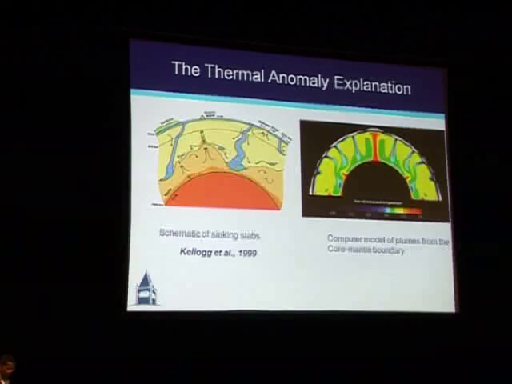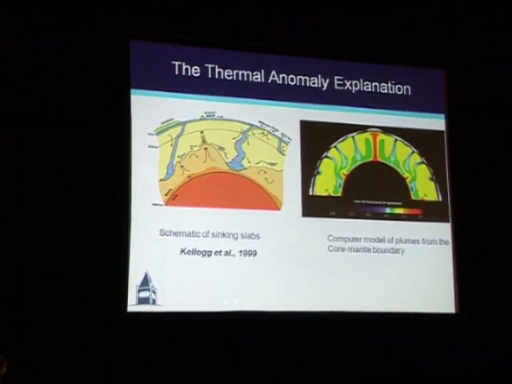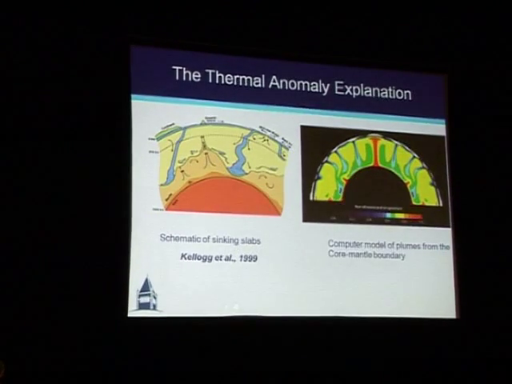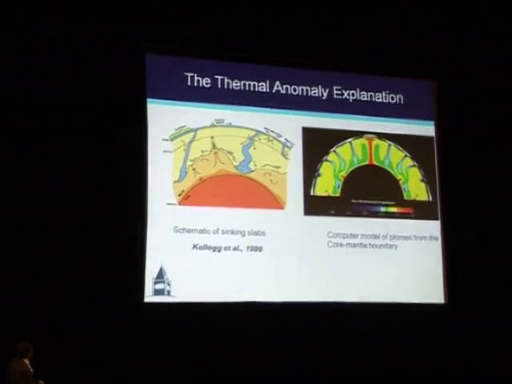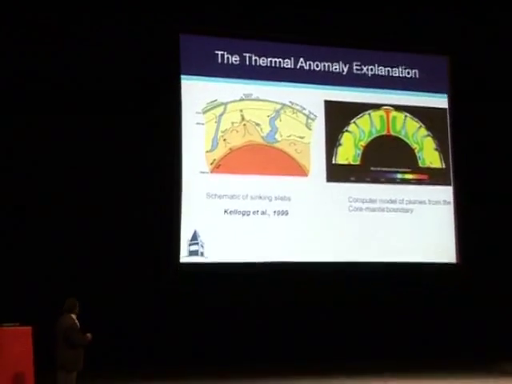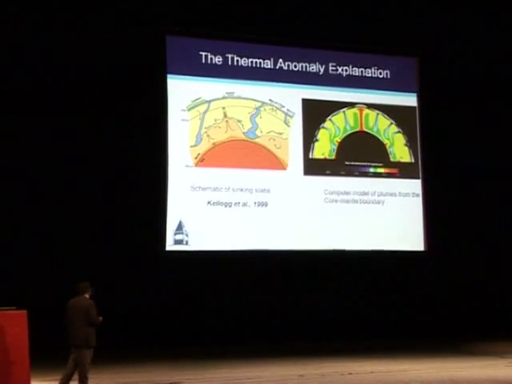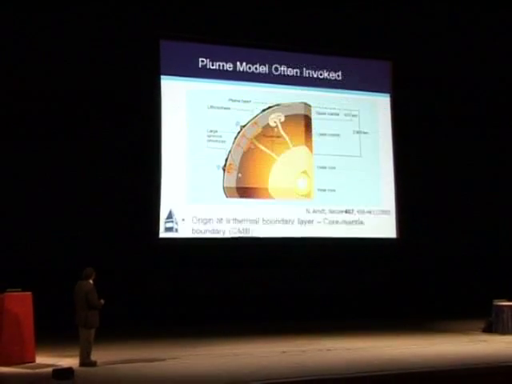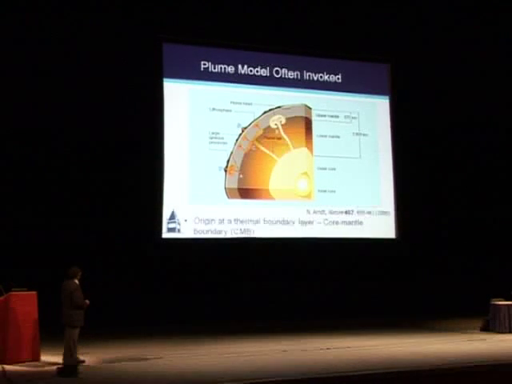First of all, I remind you that everyone has seen cartoons of this sort, which purport to have subducted oceanic lithosphere, in some cases going all the way to the core-mantle boundary, and then it is subsequently remobilized to come back and form these plumes. And as I said a moment ago, this is where large igneous provinces have been described as originating.